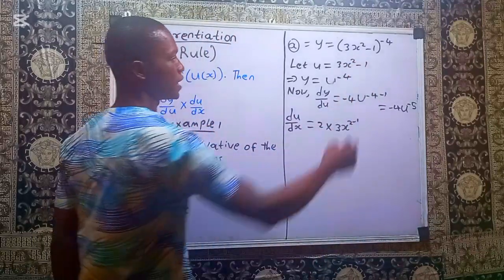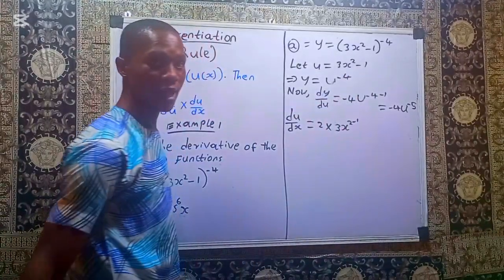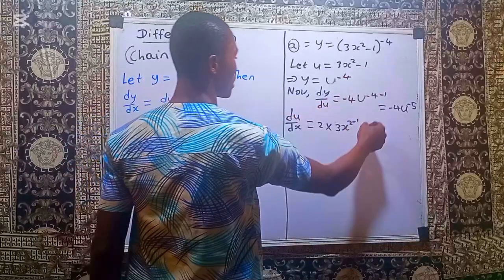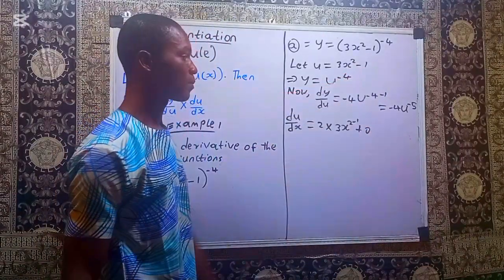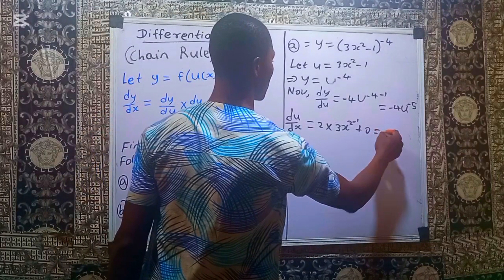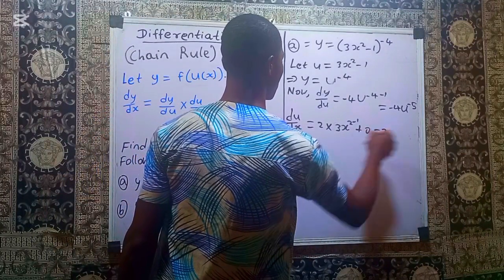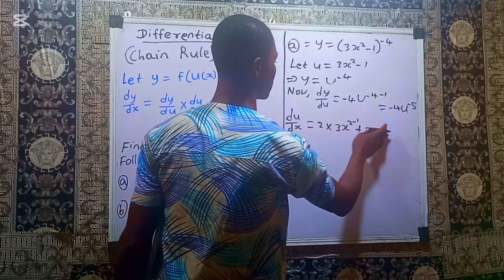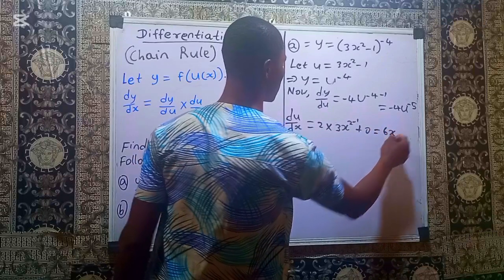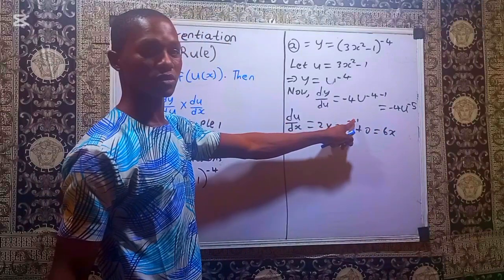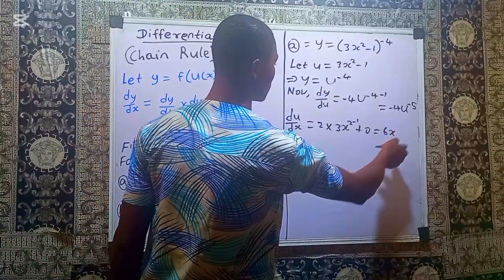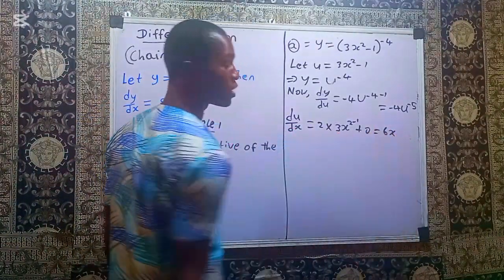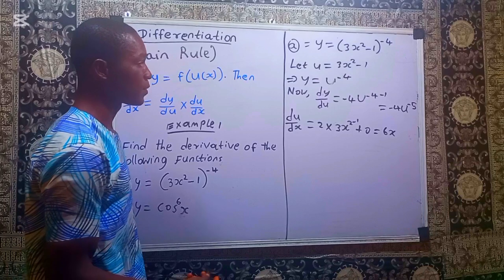Then the next term is minus 1. If you differentiate minus 1, you get 0, because the 1 is a constant. If you simplify, 2 multiplied by 3 is 6, and 2 minus 1 gives 1. So this gives us 6x raised to power 1, which is 6x.